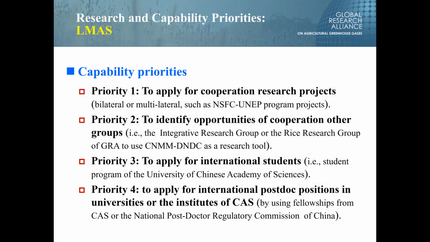The second is to identify opportunities of cooperation with the other GRA research groups. The third is to apply for international students, and the last is to apply for international postdoc positions in different universities of China or the institutes of the Chinese Academy of Sciences.